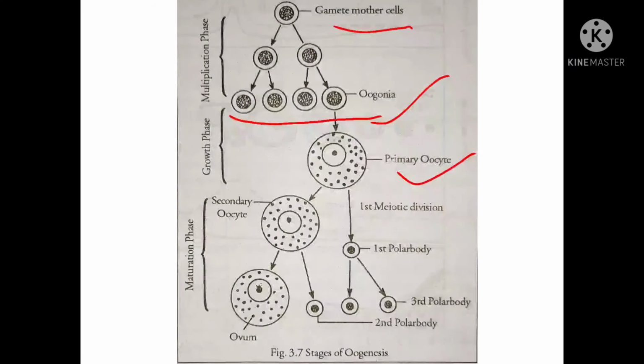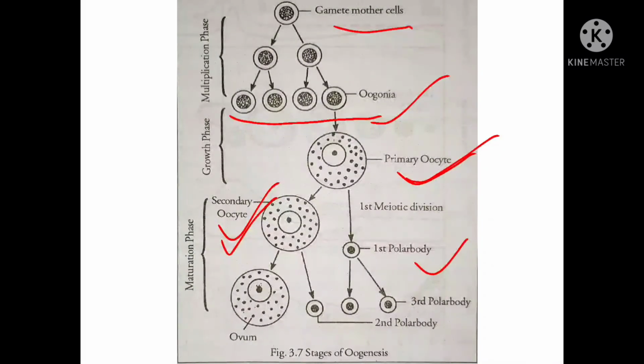From primary oocyte, by meiosis division, one secondary oocyte and one polar body is formed. Again through meiosis division, from the secondary oocyte, one ovum and one second polar body is formed.